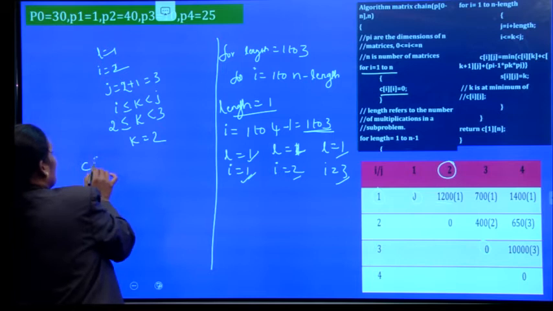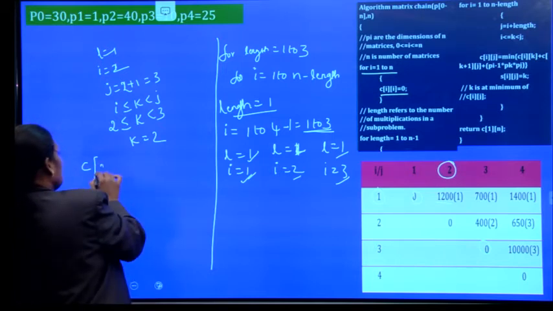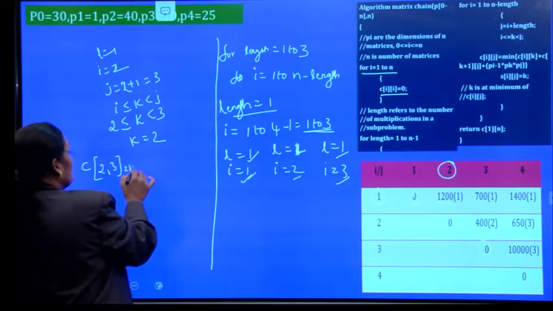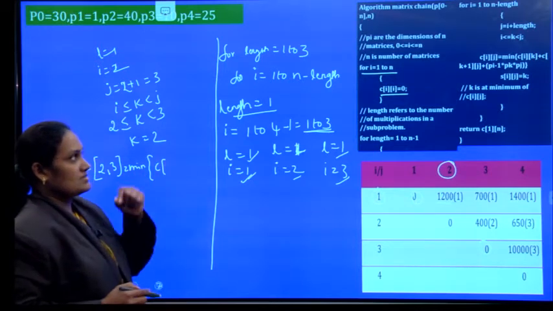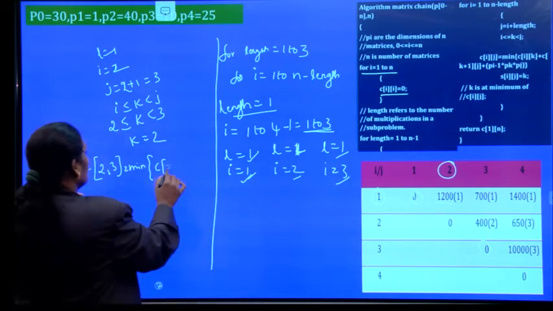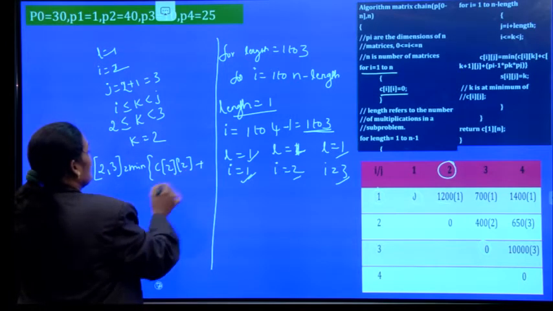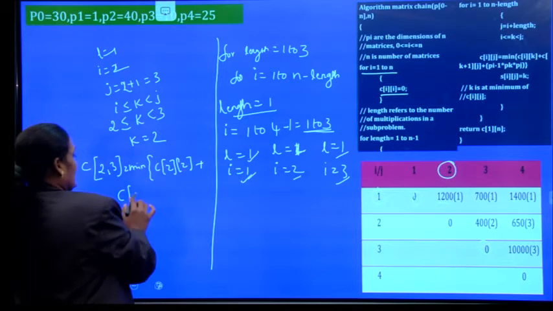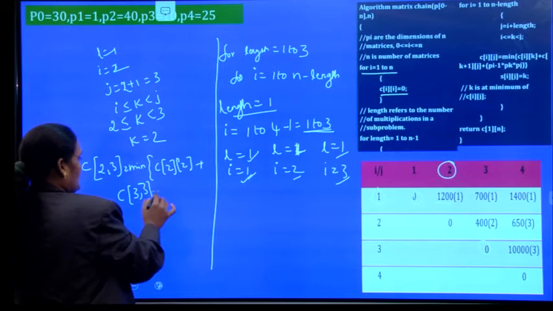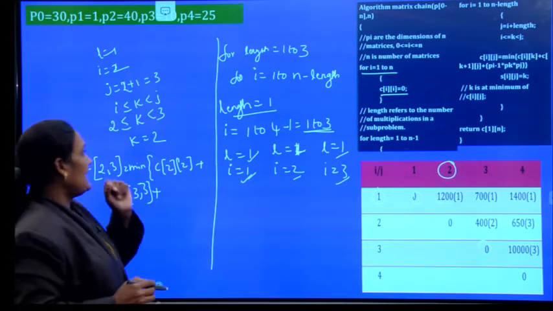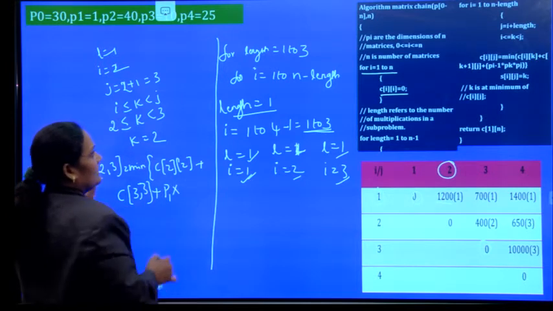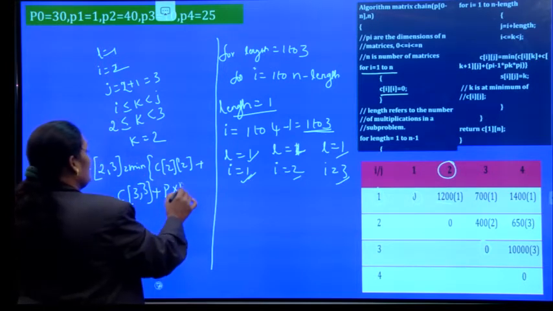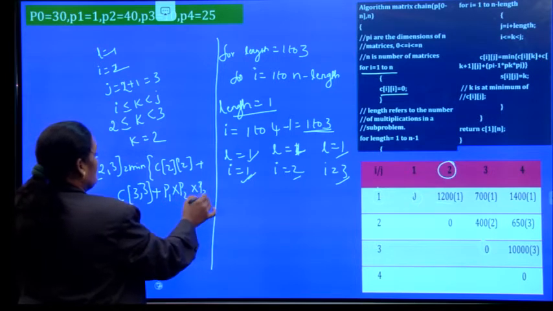Now I am going to find the cost of i j, that is cost of 2, 3, equal to minimum of, what is the first one? Cost of i k, i is 2, k is 2, plus cost of k plus 1 j, k plus 1 becomes 3 and j is 3, that is cost of 3, 3, plus P i minus 1, here i is 2, so P1, and P k, that is P2, P j, that is P3.